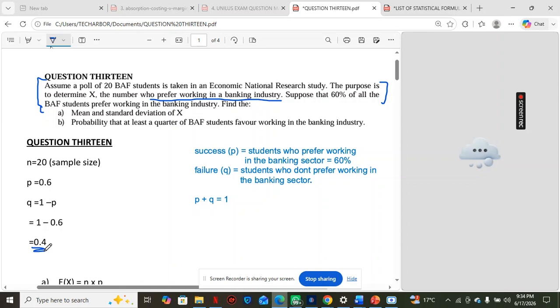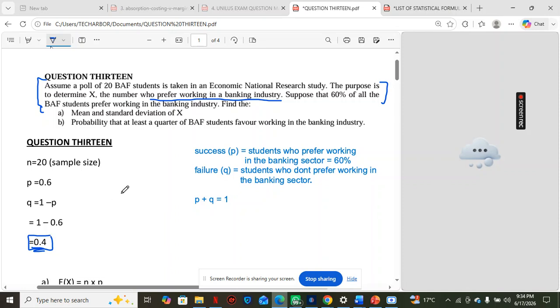So the probability that when you do this test you find students who don't prefer working in the banking industry is 40%. 40% don't prefer working in the banking industry. That's the probability. And 60% prefer working in the banking industry.